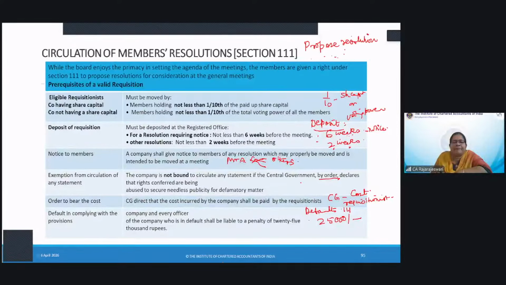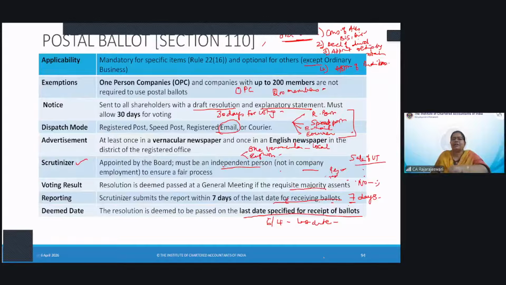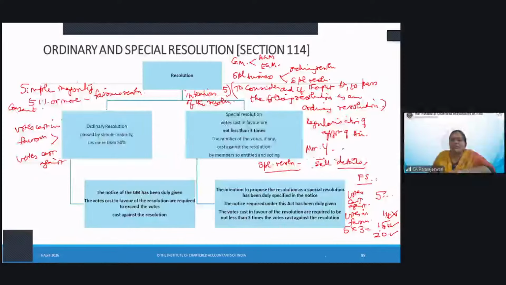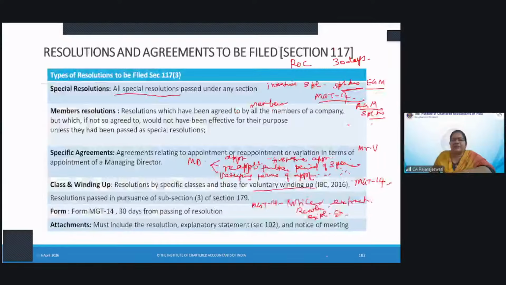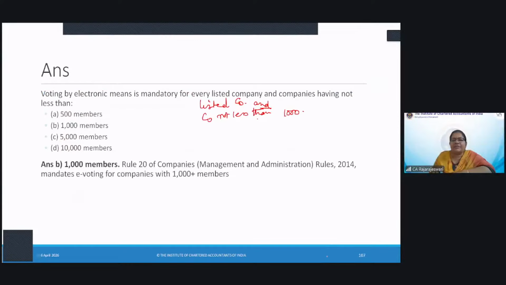Somewhere it is mentioned that a private limited company need not give this MGT 14.